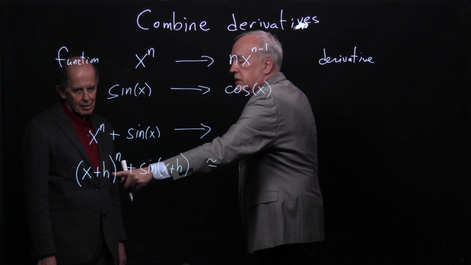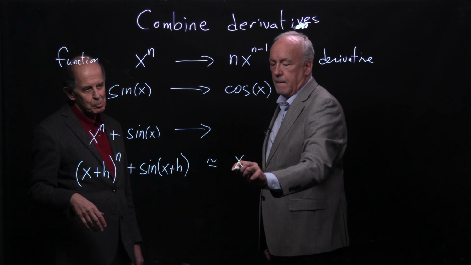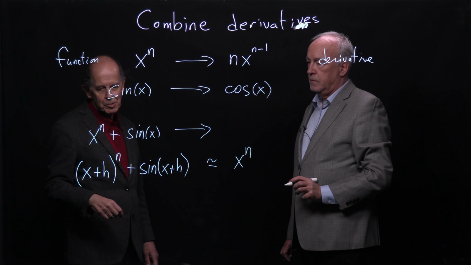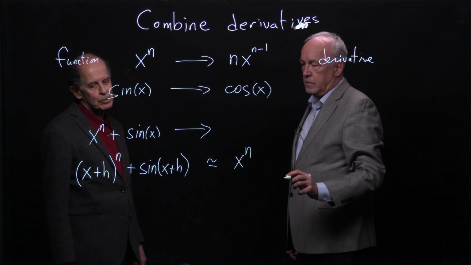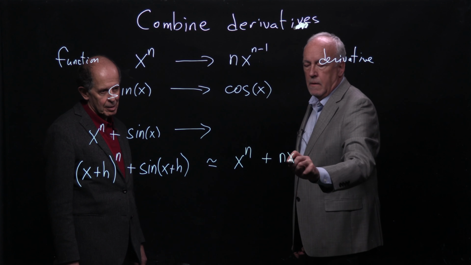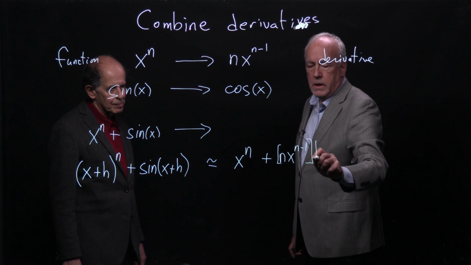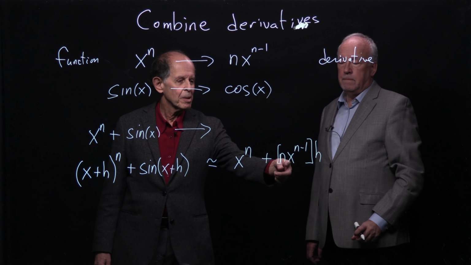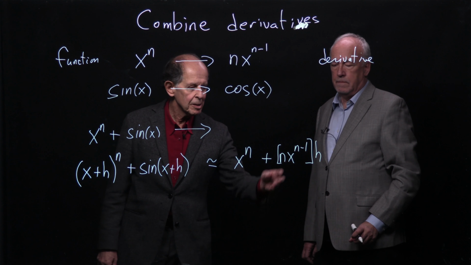If we have x plus h to the n, there's x to the n as the leading approximation, and we did this by looking at general polynomials. And then the next one is going to have x to the n minus 1 with an h in it. So this is where the derivative showed up, and this is multiplied by h. That's our linear approximation, slope times little bits, and the square bracket is our derivative.